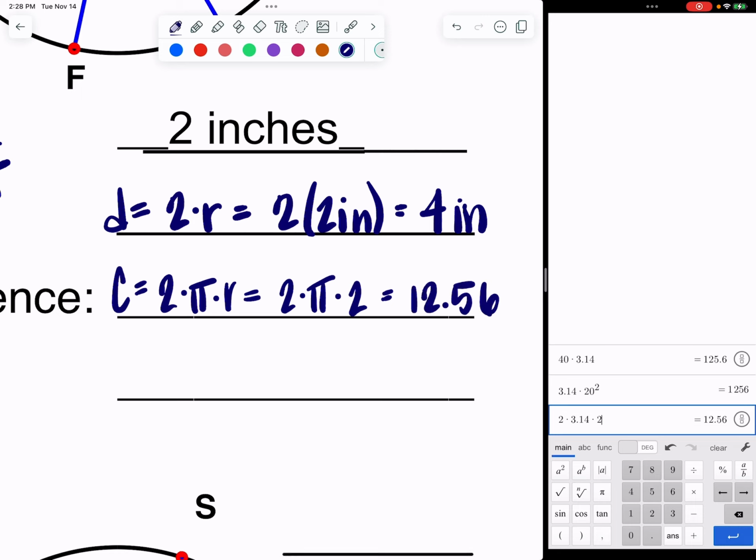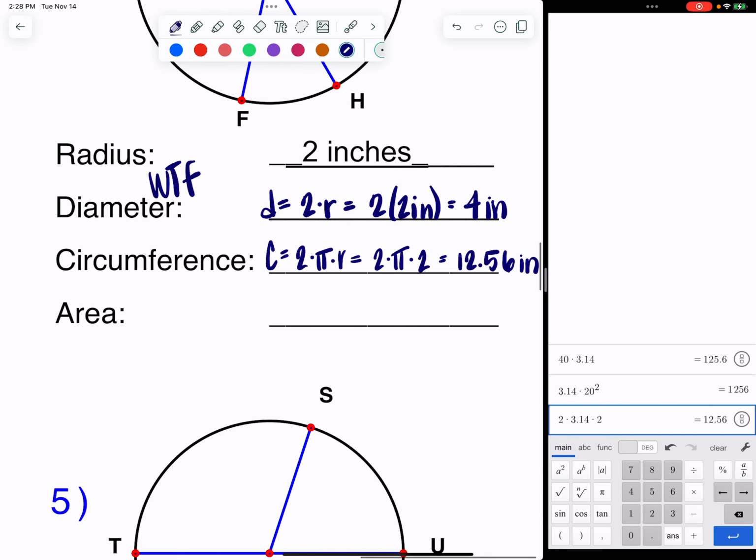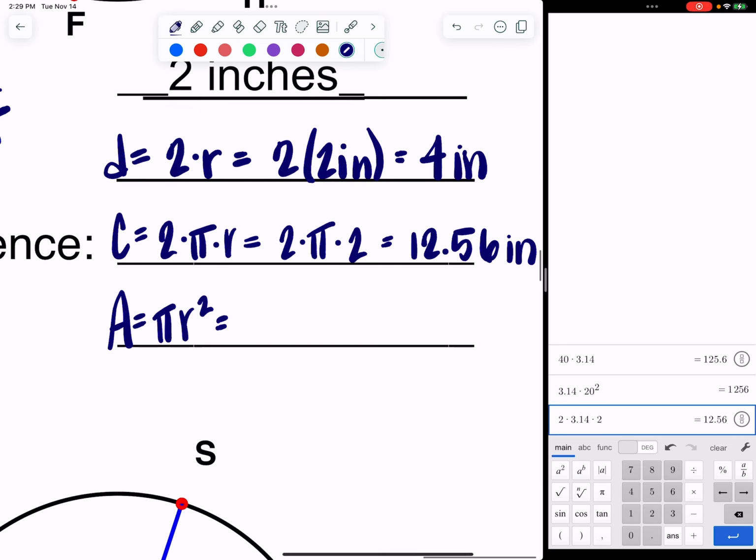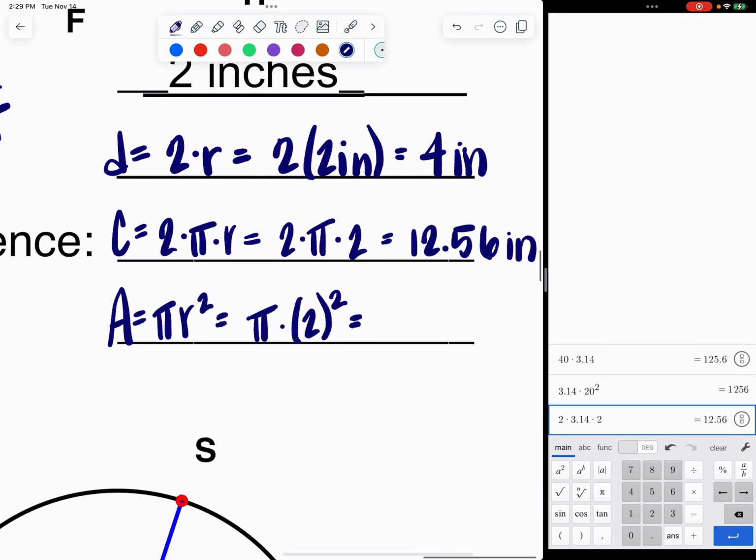And we are in inches. The last thing we need is the area. Write the formula. Area is pi r squared. Radius is still 2. Well, we've already solved this problem. This is exactly the same problem we had for circumference. So this is also going to be 12.56 square inches.